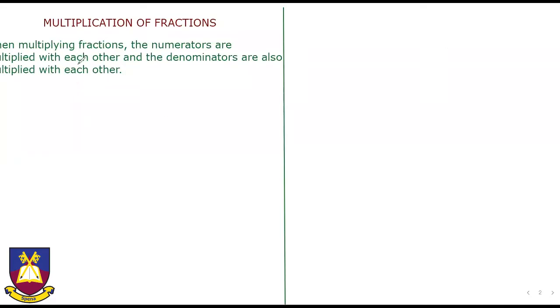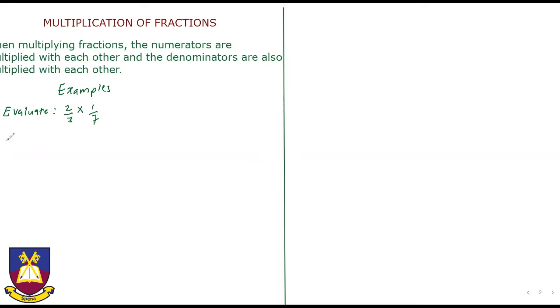Now, multiplication of fractions. When multiplying fractions, the numerators are multiplied with each other, and the denominators are also multiplied with each other. Then after that, we simplify the resultant fraction. Evaluate 2 over 3 times 1 out of 7.